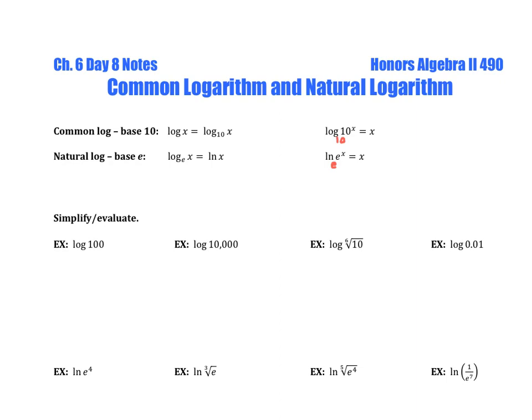All right, so in this first example, we have an implied base 10 right here. So the key to using the shortcut is being able to rewrite these so that the argument is also in terms of base 10. So in order to do that, we could write 100 as 10 squared.